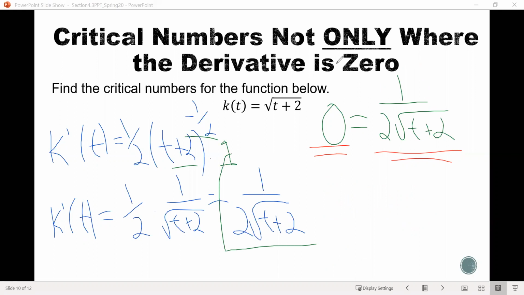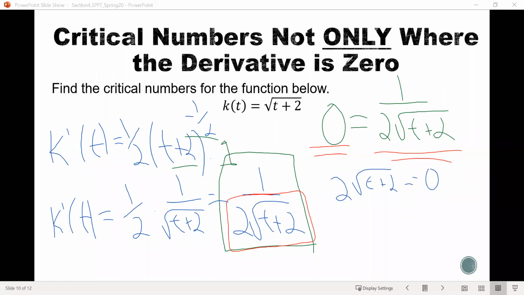Looking at our derivative formula here, can you see, are there values of t we could plug in that would make this undefined? Well, I see that there's a fraction, and we know that one of the big no-nos with fractions is that the denominator cannot be equal to 0. So to find those critical values, we can take that denominator and set it equal to 0. So 2 times square root of t plus 2 equals 0.